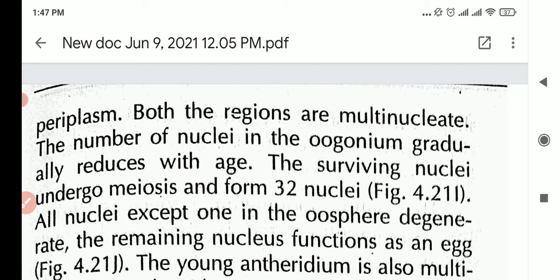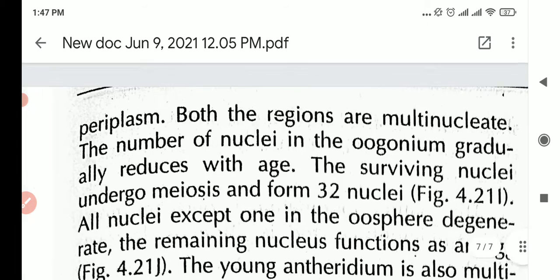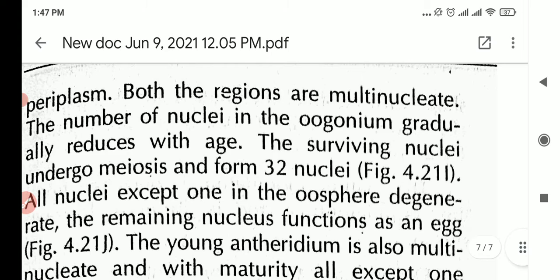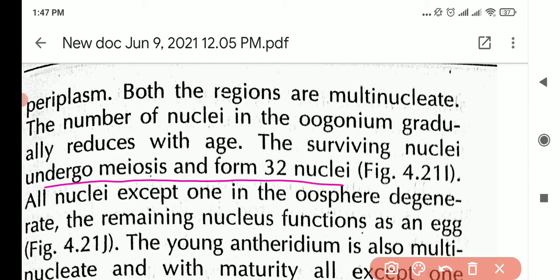Okay, the number of nuclei in the oogonium will reduce with age, and then the surviving nuclei will undergo meiosis to form 32 nuclei. Okay, so there is not just one. I explained it in simple terms that only one survived, but a few survive, and we should get 32 nuclei.